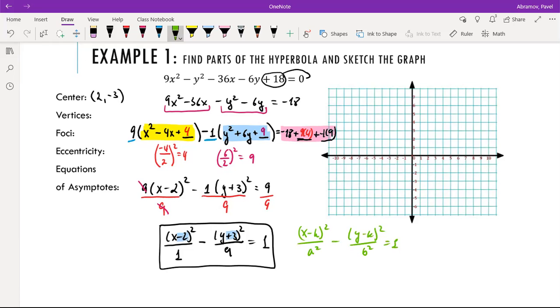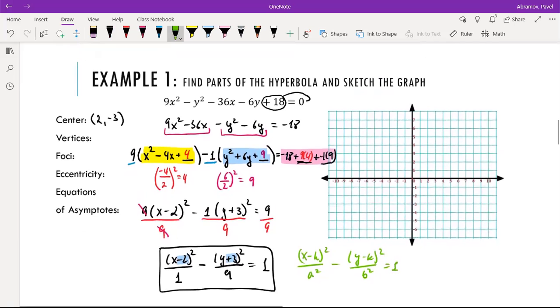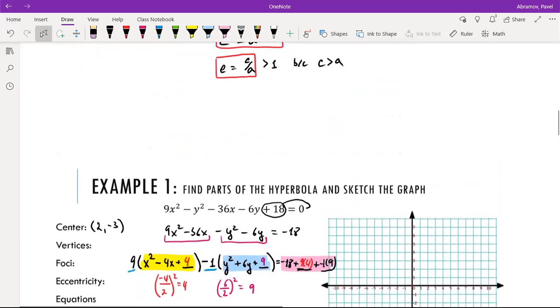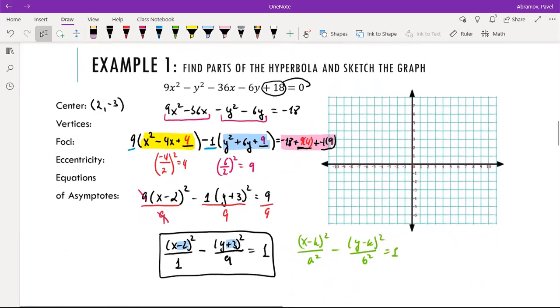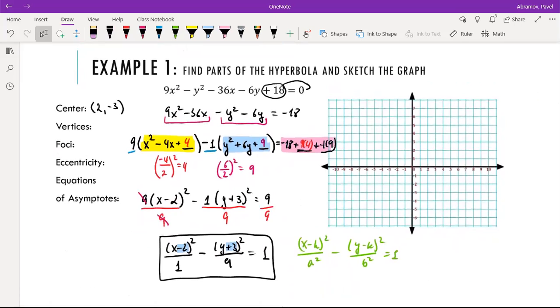And please remember that with hyperbolas, a is always going to be the denominator of the first fraction, and b is always the denominator of the second fraction. It's not about which number is the biggest. So we can see that in our general equations that we already discussed. So h and k, we found those, and once again we had to switch the signs.